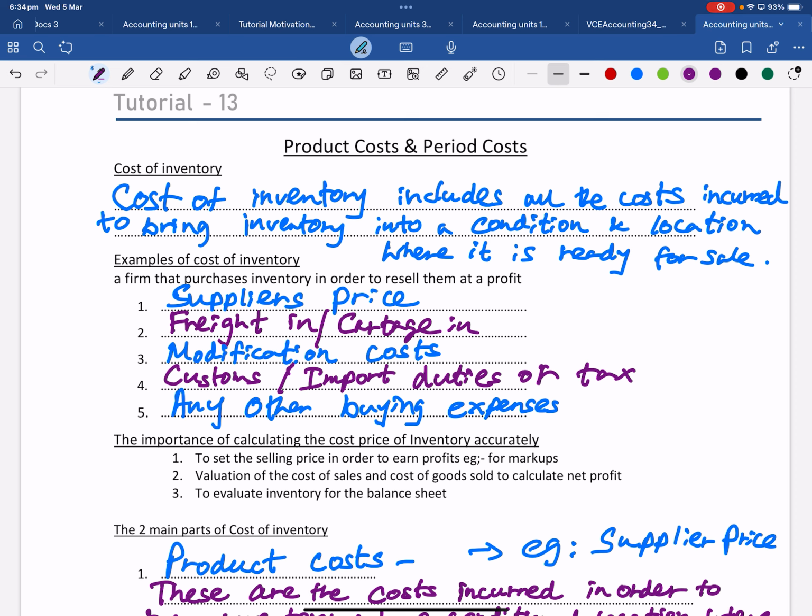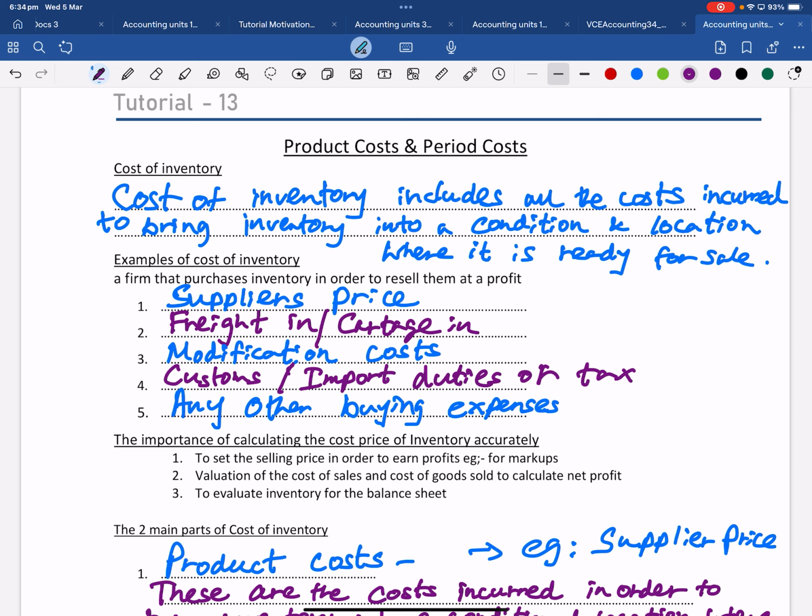So then we have to add it. Why? Because if we didn't pay it, can we bring the inventory into our premises? No. Without paying customs, the government wouldn't allow us to take the inventory from the harbor or from the port, right?